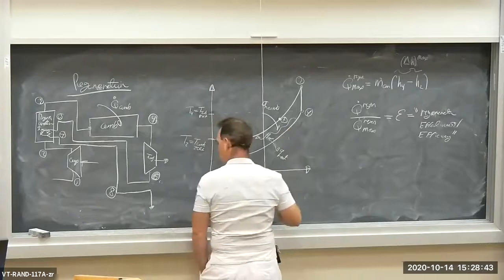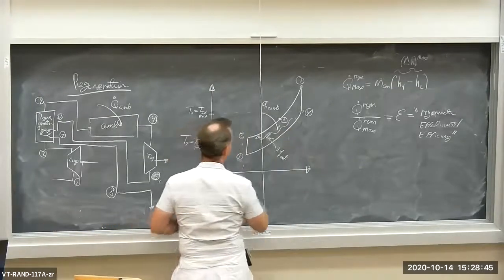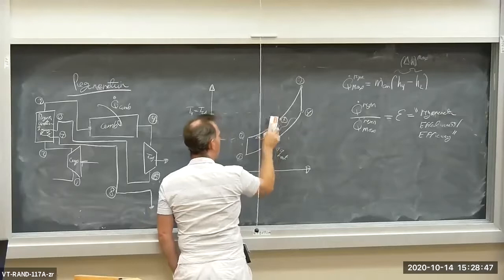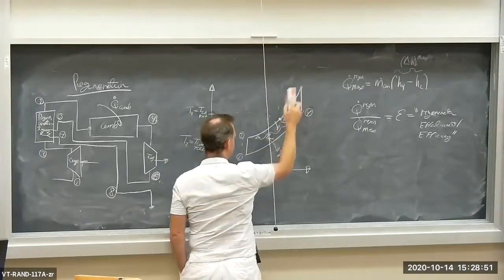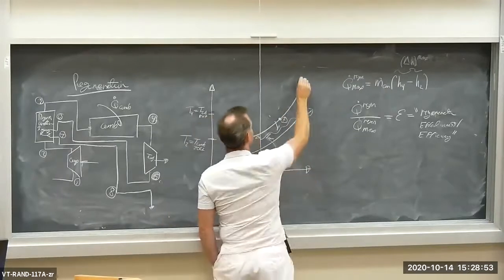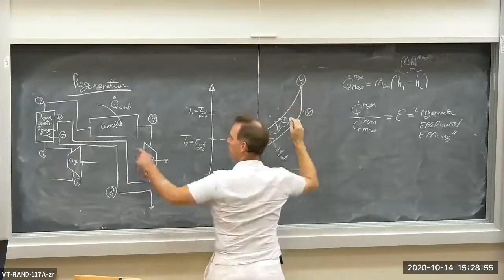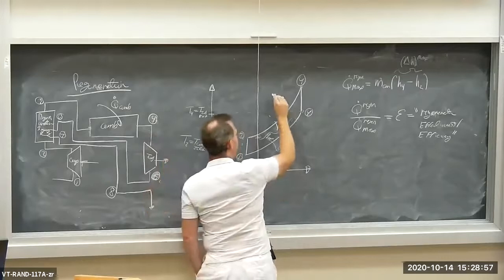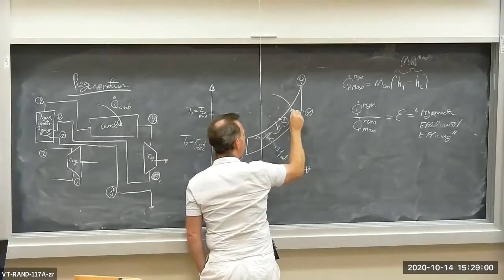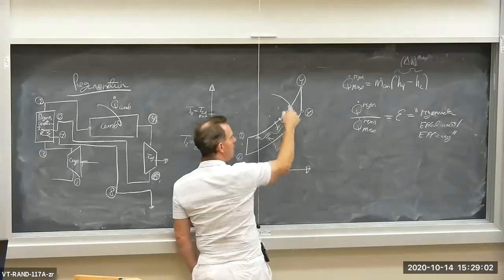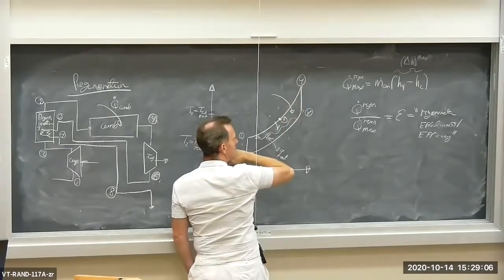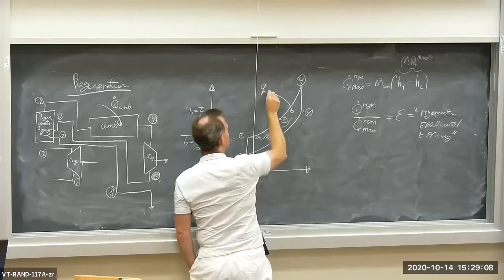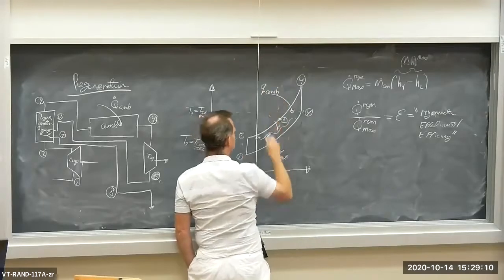And now, instead of adding all that heat from the combustor, all of it from state 2 all the way up to my old state 3, this is now state 4, my combustor outlet. Now I'm only adding heat from the regenerator outlet to the combustor outlet. So this is Q combustor.